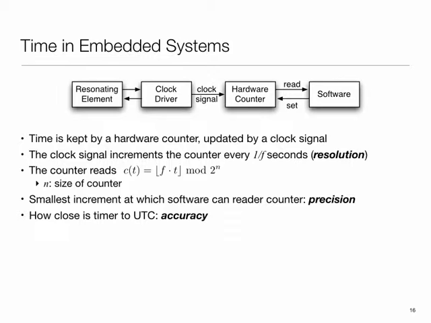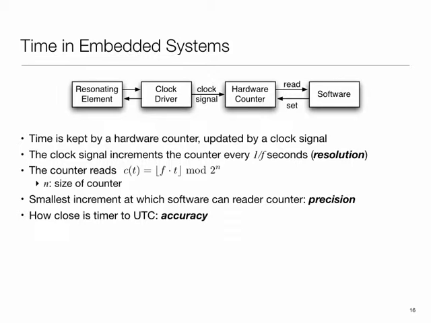When you buy parts, you can buy just the oscillators, in which case the clock driver is on your chip, or you can buy the entire oscillator, in which case the clock driver is part of the same package. So you have a clock signal that drives some sort of hardware counter, and the software would have the ability to set it and read it.